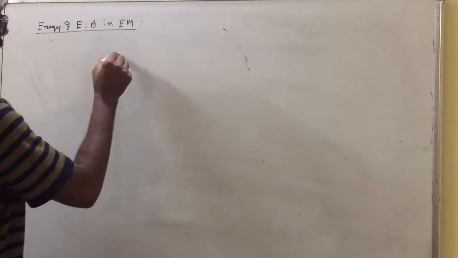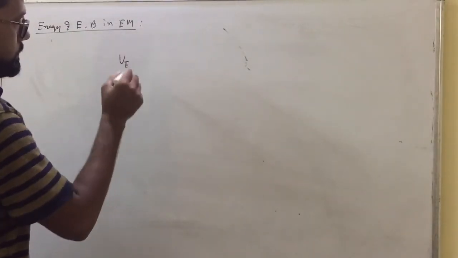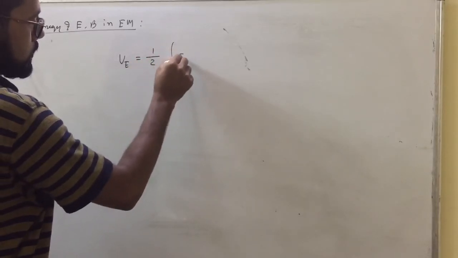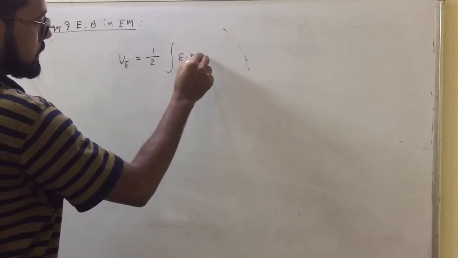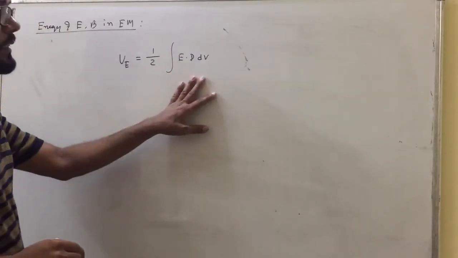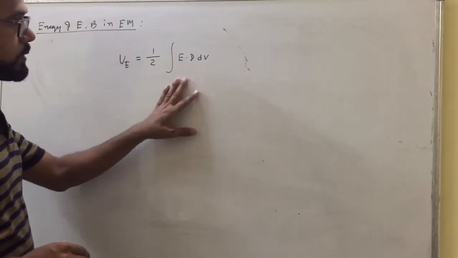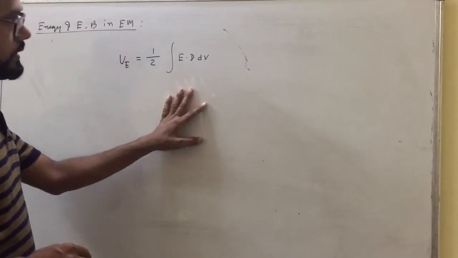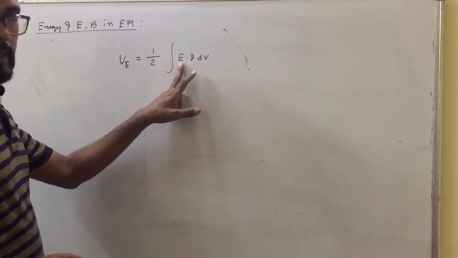Probably you remember electric field energy is equal to 1/2 integration E dot D dV. I assume that you have already seen this equation in the previous electrostatic chapter. D is the displacement vector, E is electric field.